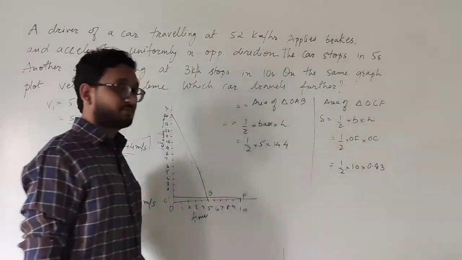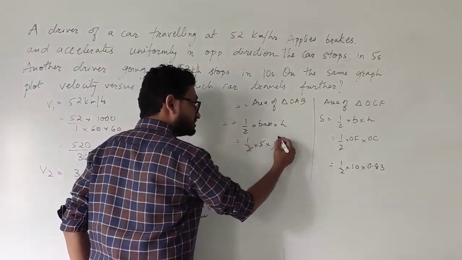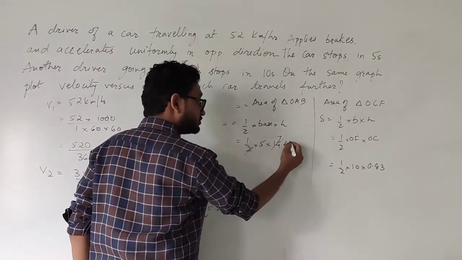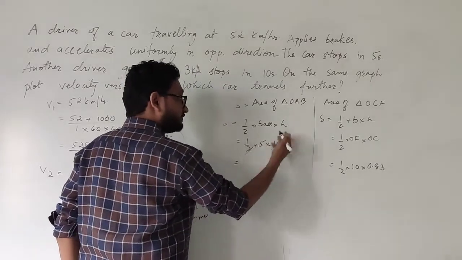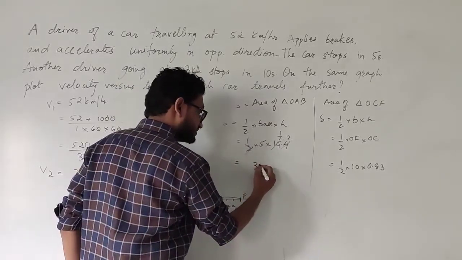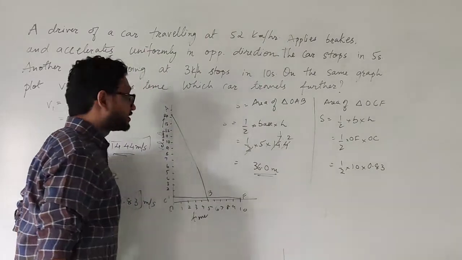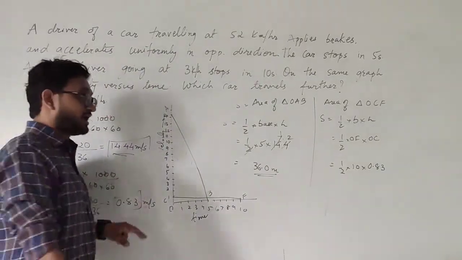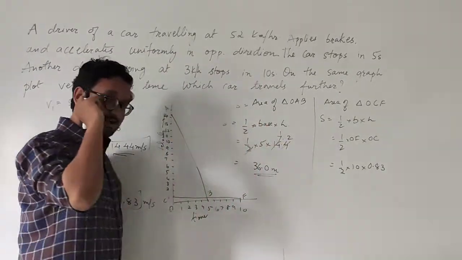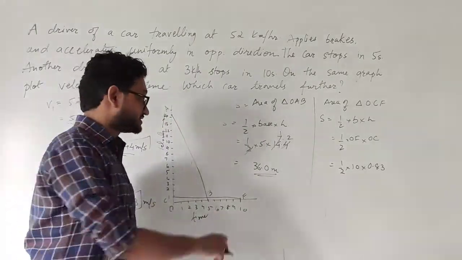Now simply solving this, 2 sevens 14, 2 twos 4, 5 twos 10, 5 sevens 35, and you get the answer as 36 meters approximately, because it was 14.44 and I have taken only 14.4. It doesn't matter, as long as you have the approximate answer correct, that is 36 meters.